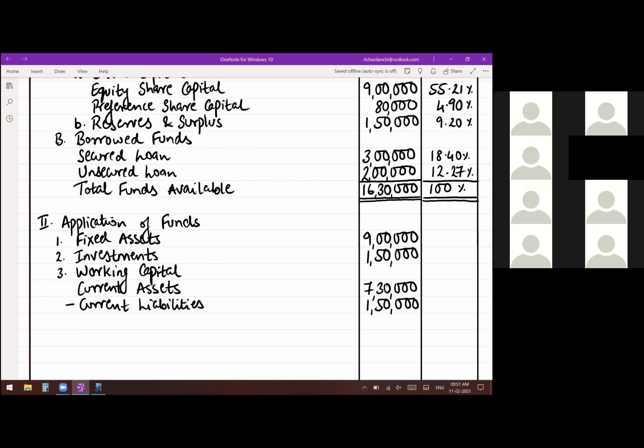You take the total and call it total funds available. Sorry, total funds applied on this side. Total funds applied. Now, because you shouldn't get confused, that last item, current liabilities, you have to minus. So I'll just put it in a bracket and take the total.